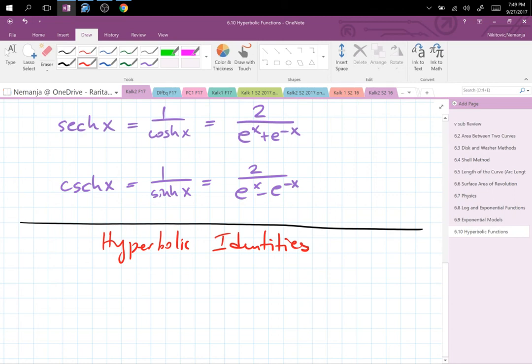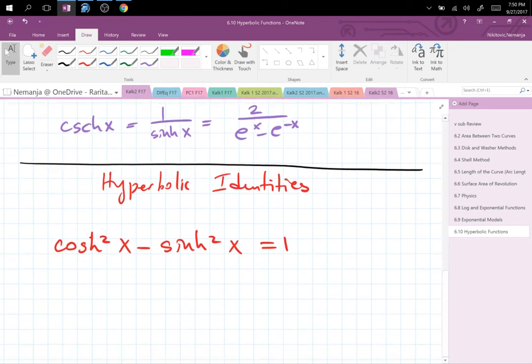And the first one is, you remember how sine squared plus cosine squared was 1? Well, now cosine squared hyperbolic minus sine squared hyperbolic is 1. So not the same, but close. So cosine hyperbolic squared of x minus sine hyperbolic squared of x is equal to 1. And then you remember how 1 plus tangent squared was secant squared?